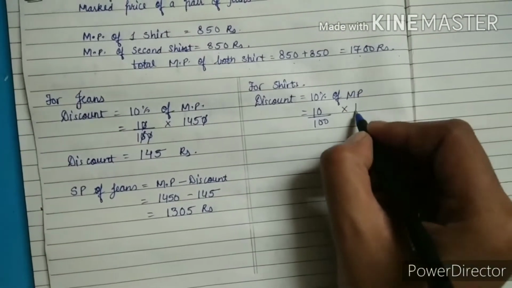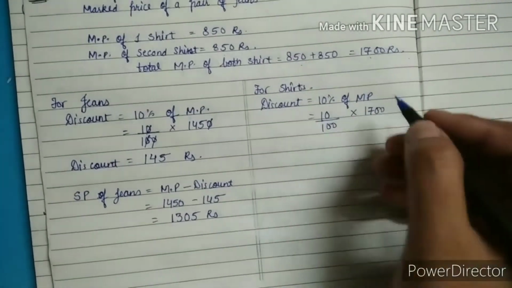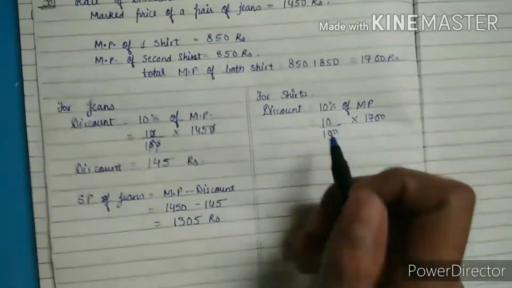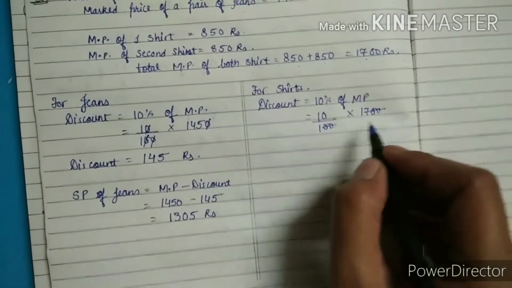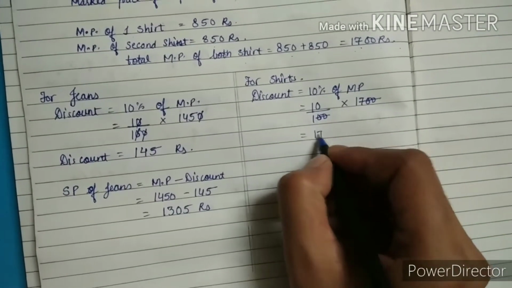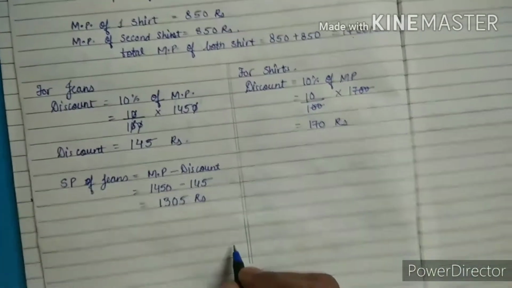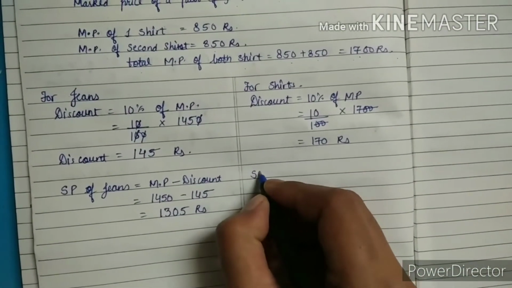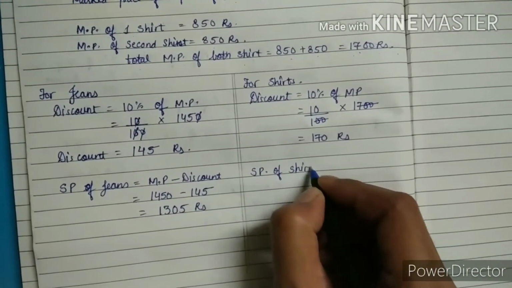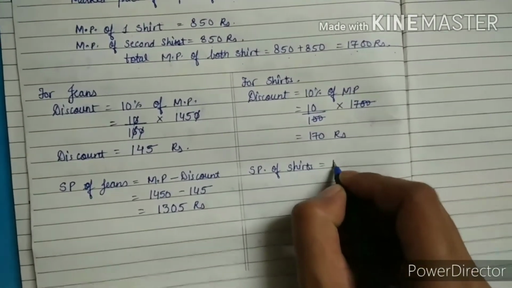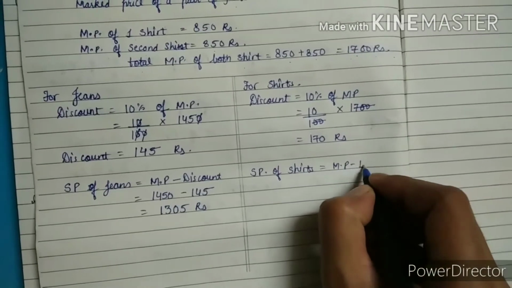Marked price is 1700, which we got after adding both shirts' marked prices. Zeros cut, 10 into 17 is 170 rupees. So the selling price of the shirts is marked price minus discount.